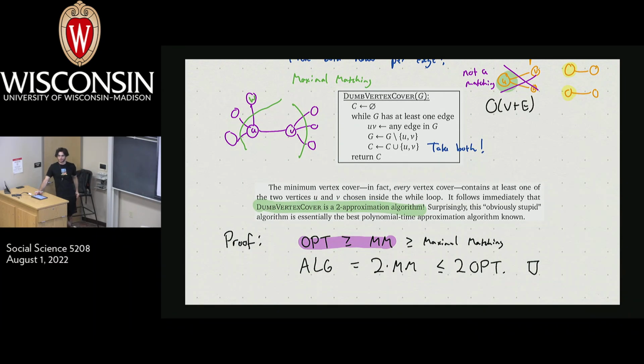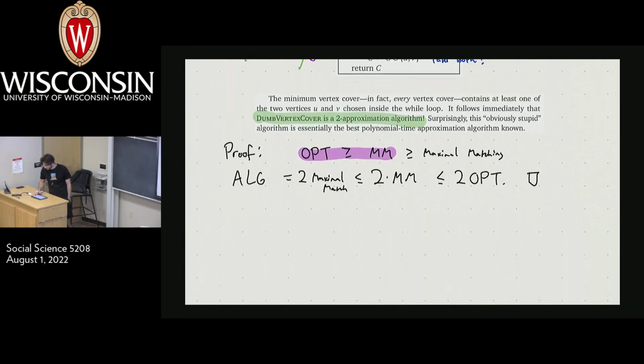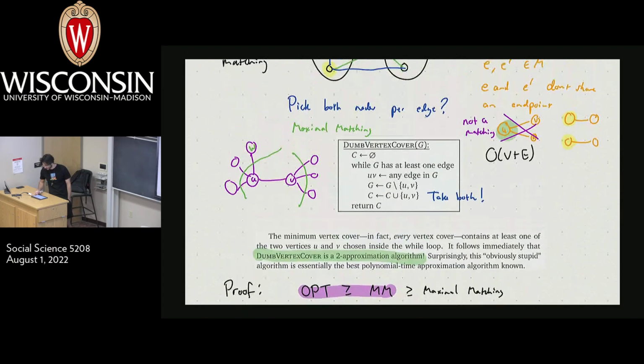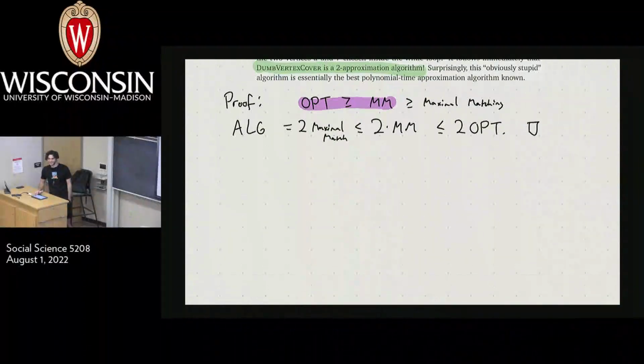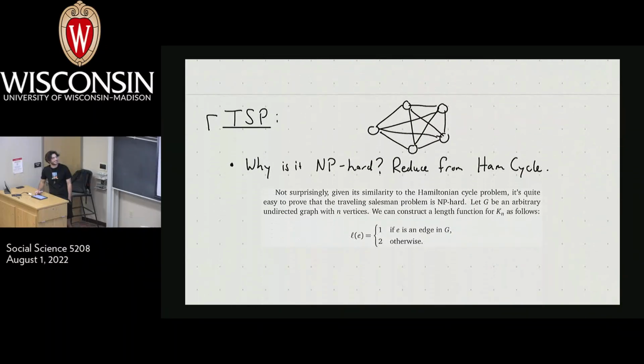It's the same proof. So do you want to make it more precise? This is equal to twice the maximal matching. Oh, since it can only be, okay. Yeah. Okay. So yeah, lots of these have details I'm skipping because I just want to emphasize the idea.